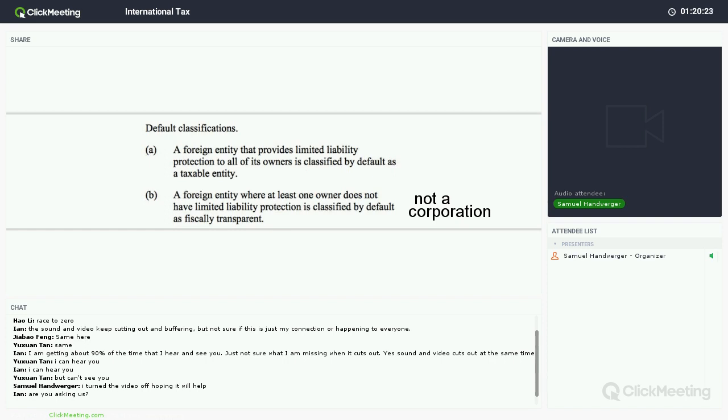It may look like a corporation, so we'll consider it a corporation. It may not look like a corporation, so we won't consider it a corporation. It's a question of facts and circumstances. Some entities in some foreign countries will almost look exactly like our laws for corporations, but some will not. So how do we know, is it a corporation or not?